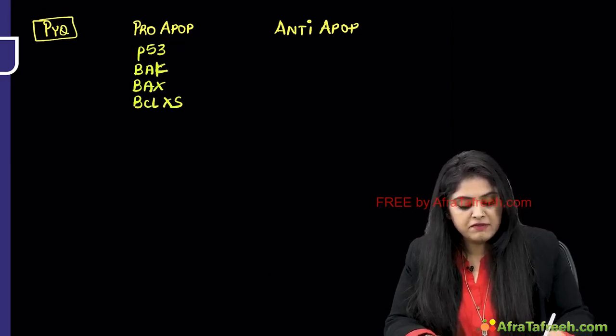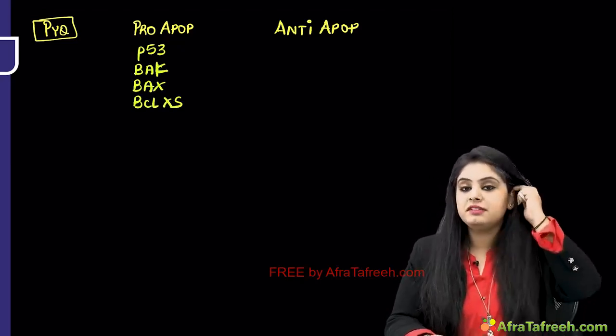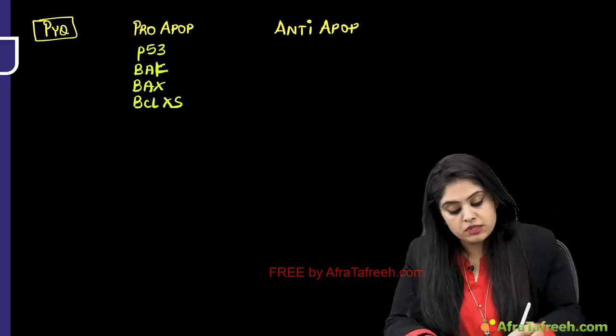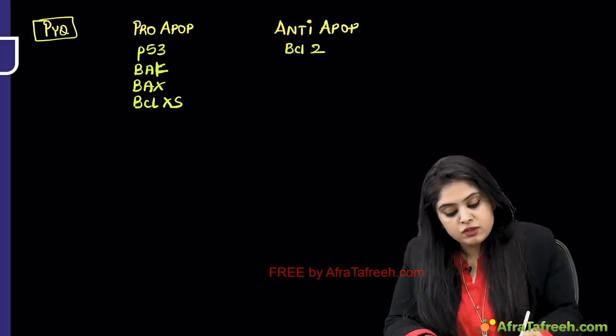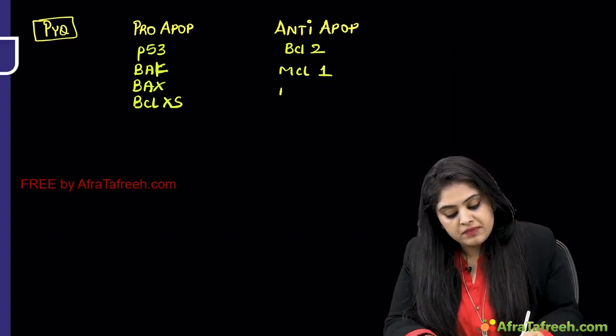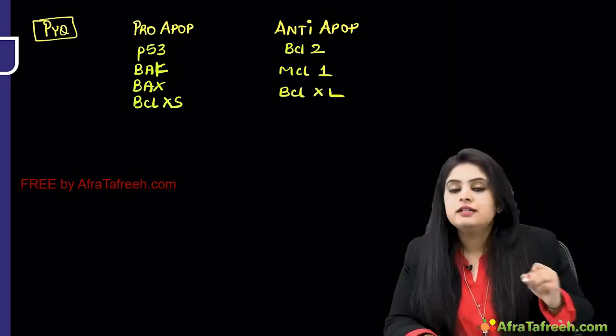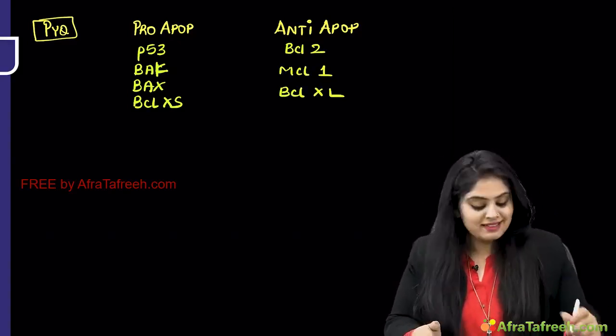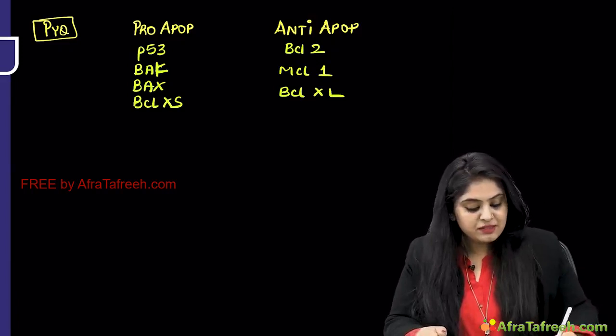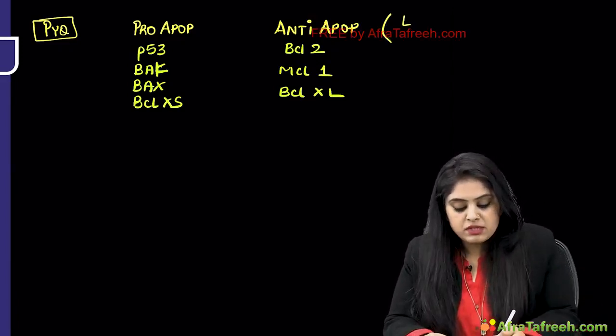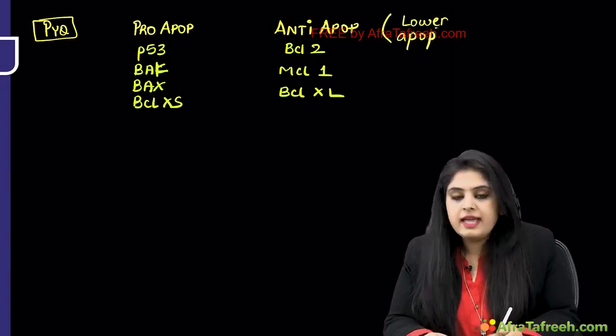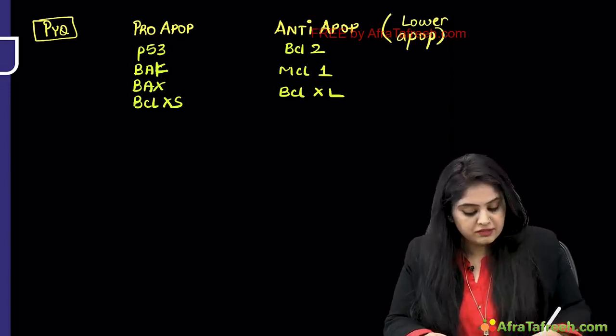So remember, P53, BAX, BCL-XS, these are pro-apoptotic. Whereas when I say BCL2, MCL1 and BCL-XL, these are anti-apoptotic. How should we learn this? As simple as that. So see, when I say anti-apoptotic, you are trying to lower apoptosis, right? So all the L containing molecules, let's highlight.